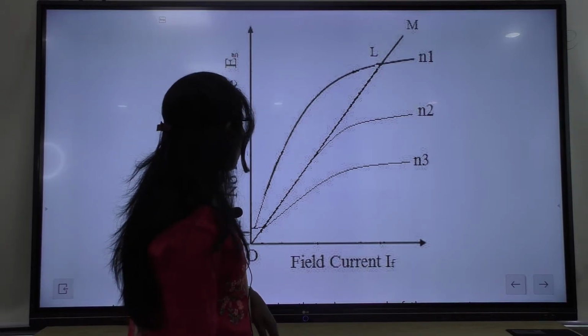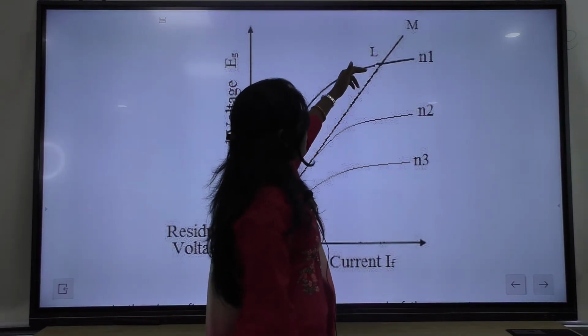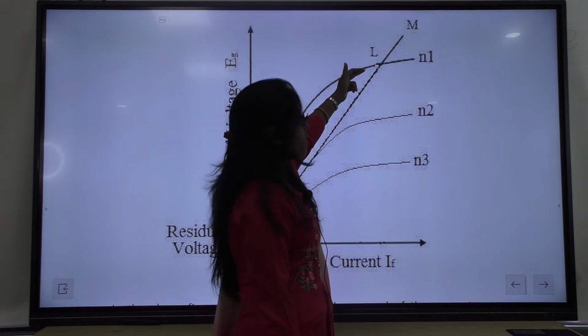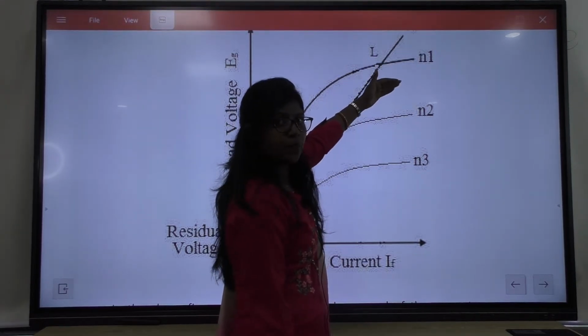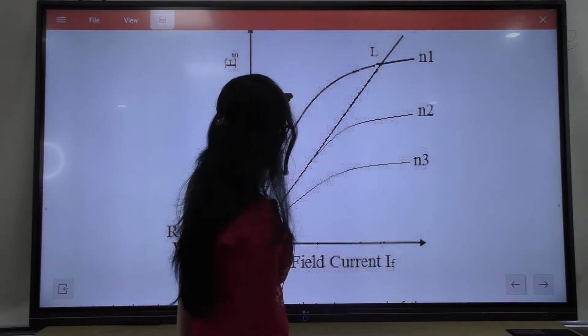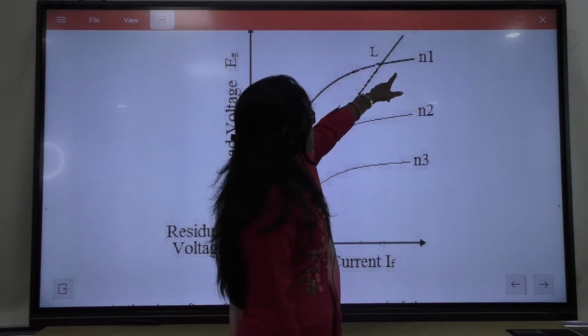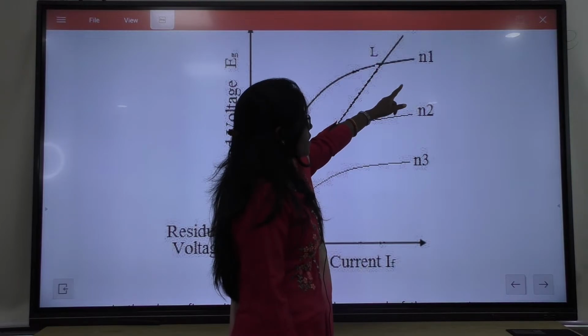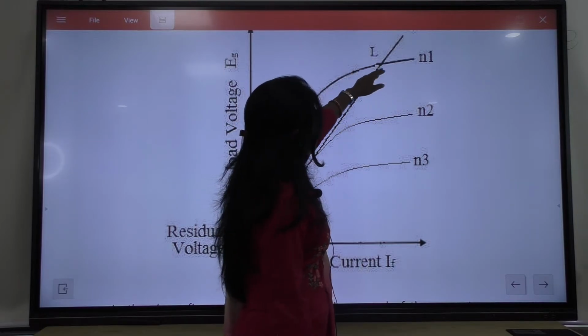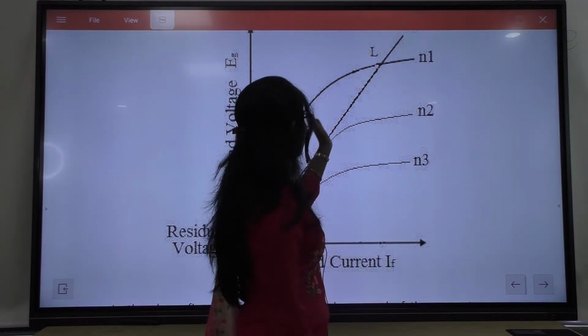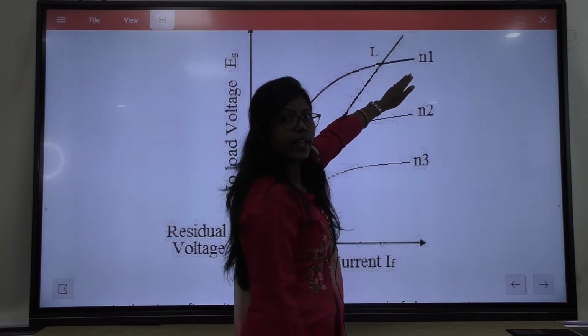So, if we decrease the speed, then the EMF also decreases. See here, this open circuit graph is for speed N1.